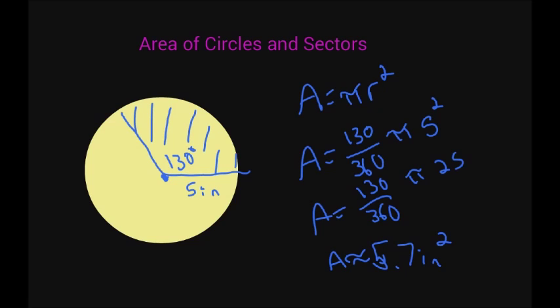If you left it in terms of pi, which sometimes you'll do, it would just be the 130 over 360 times 25. So that would be 65 over 36 pi. So that would be the exact answer. But if it wants an approximation, then you'd give the 5 and 7/10.